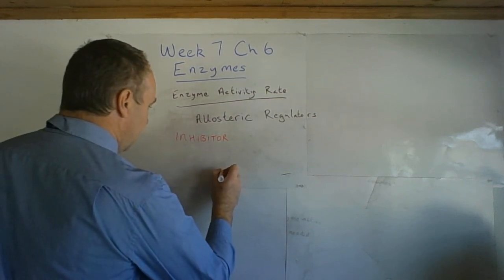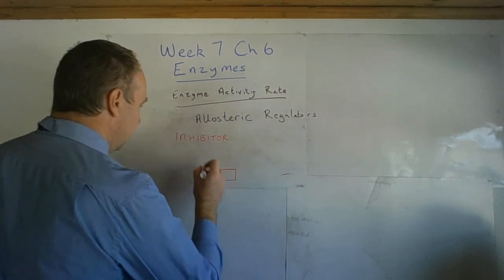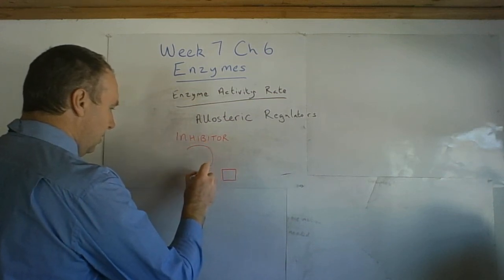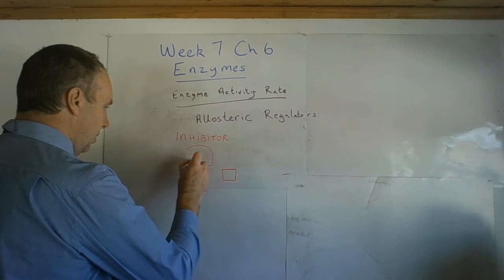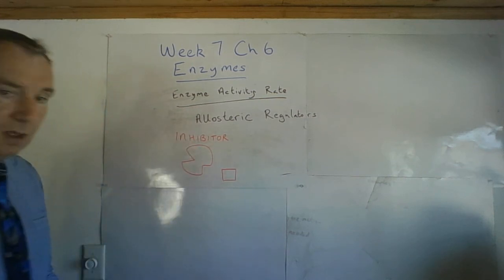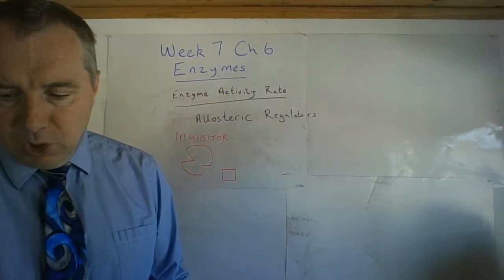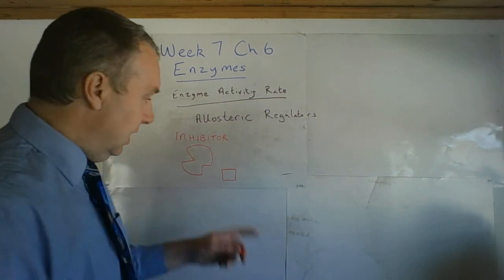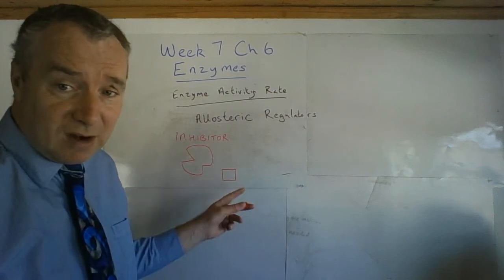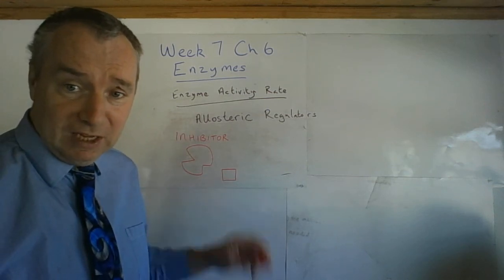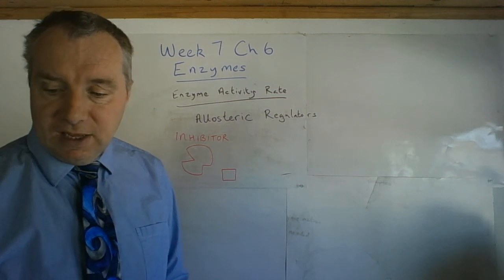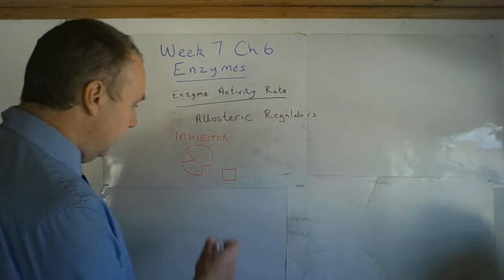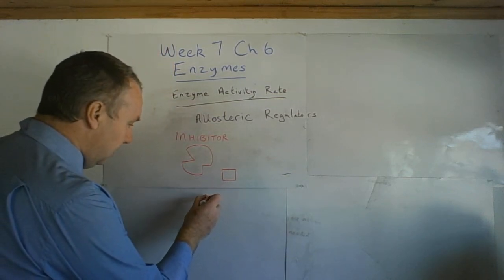We're doing it in red because it basically is like a stop sign. So we have our allosteric inhibitor here, and we have a substrate here. Much like our original feedback inhibition, where this would be product, in this case it's not a product, but it does the same thing.